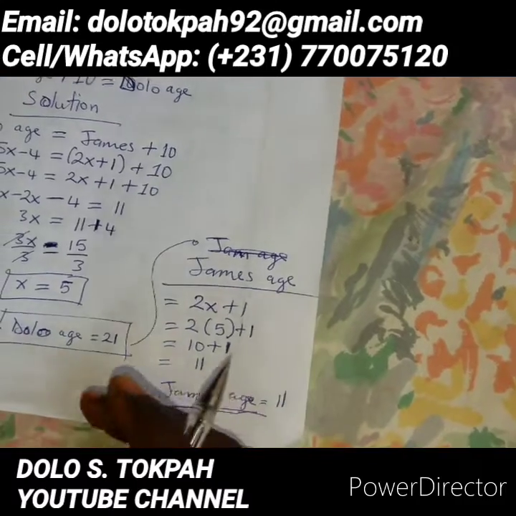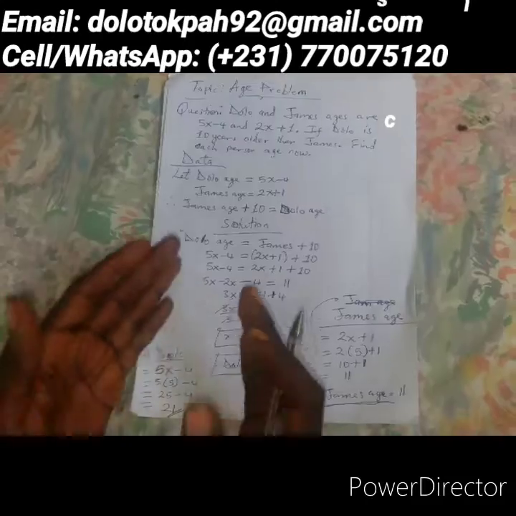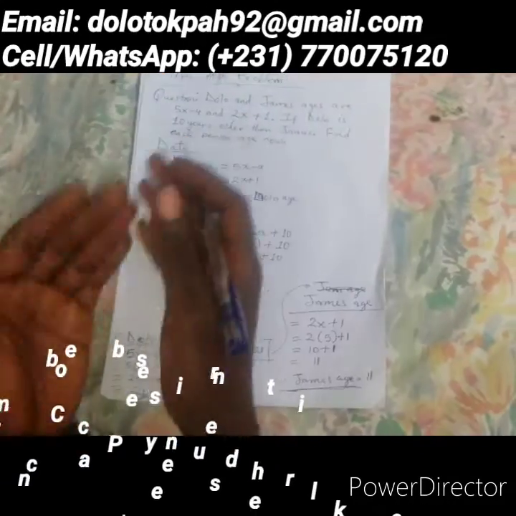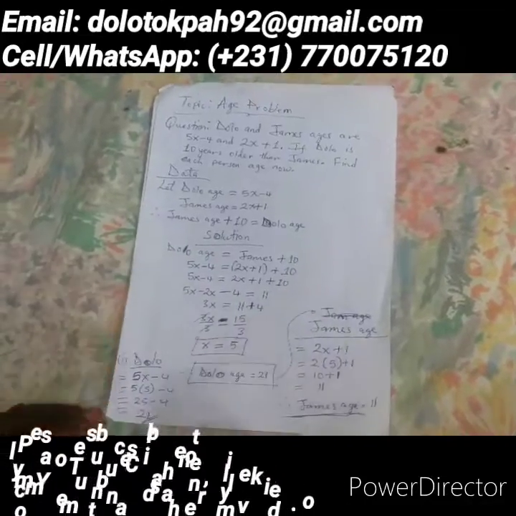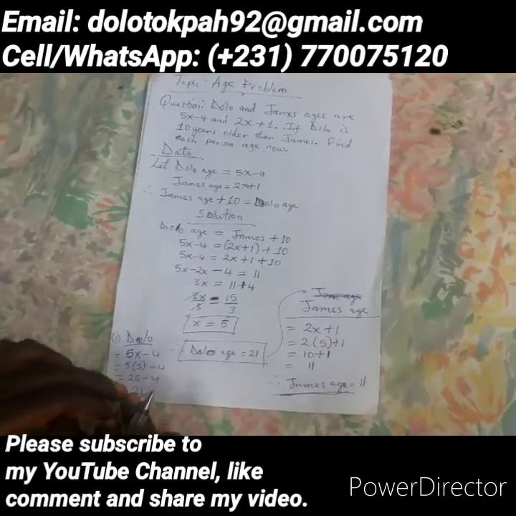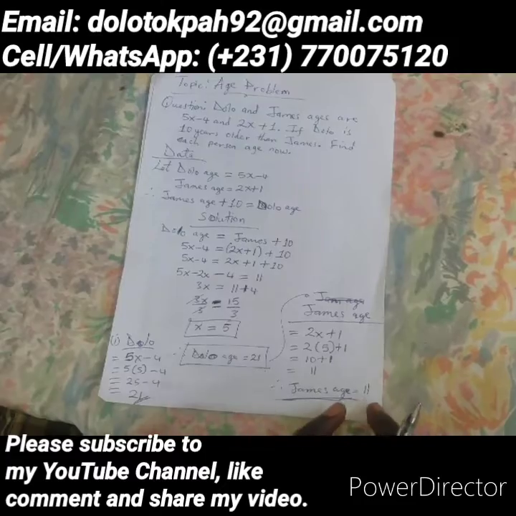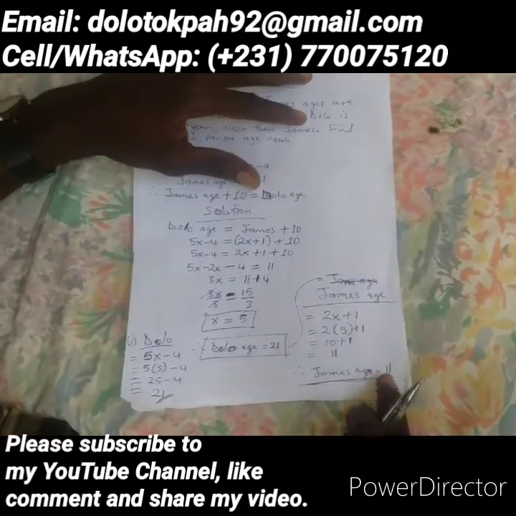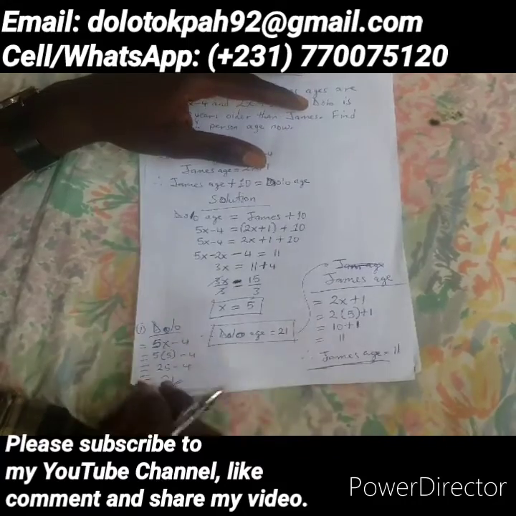So we have solved this. When you analyze this entire problem, the question says Dolo is 10 years older than James, and we have found Dolo's age to be 21 years and James to be 11 years. If you subtract 11 from 21, you have 10 years.